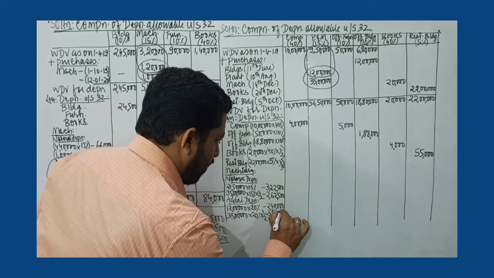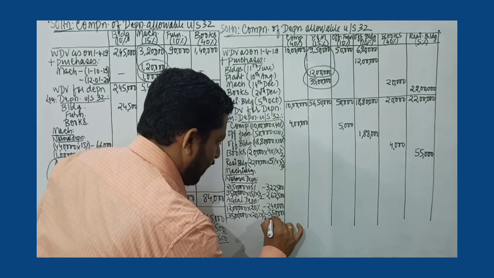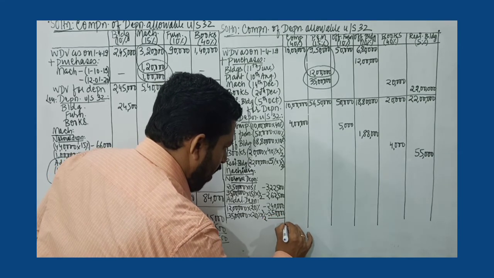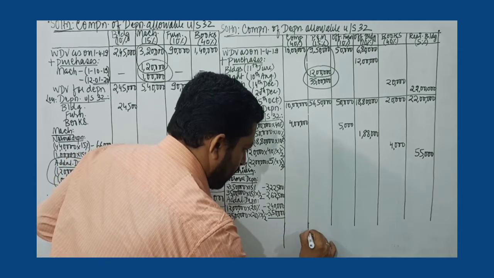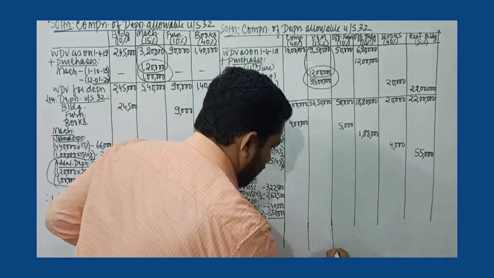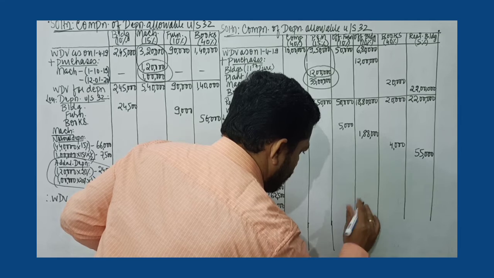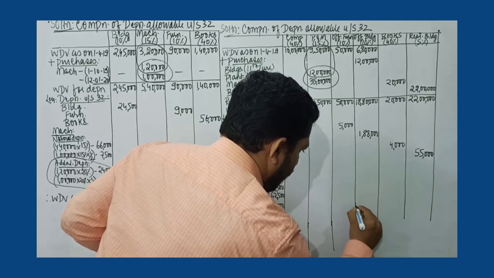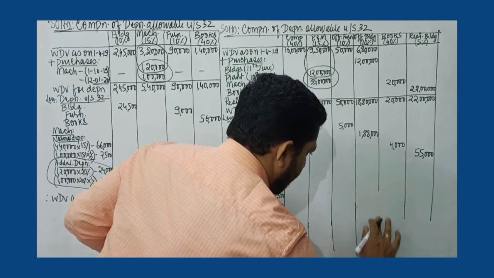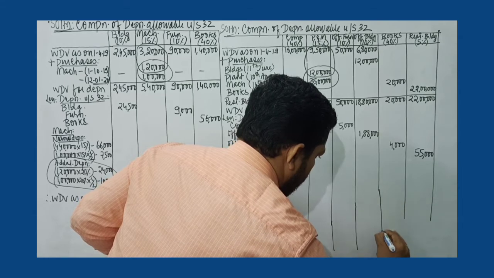So 3,50,000 will be the additional depreciation for half the year on new plant and machinery purchased and put to use for less than 180 days. So that is the rule.